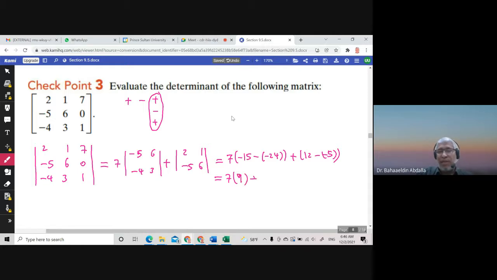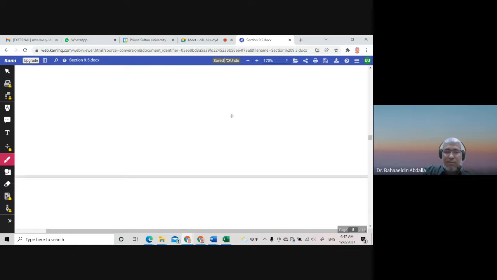And this is 12 plus 5, and that's 17. So the determinant would be 7 times 9, which is 63, plus 17, and the answer is 80. So the determinant of this matrix is 80.